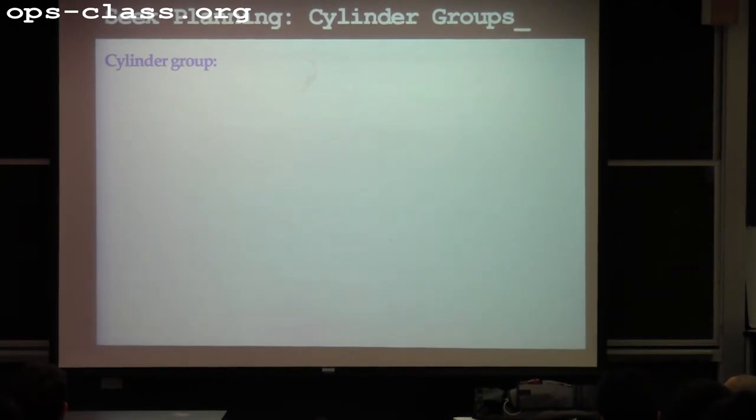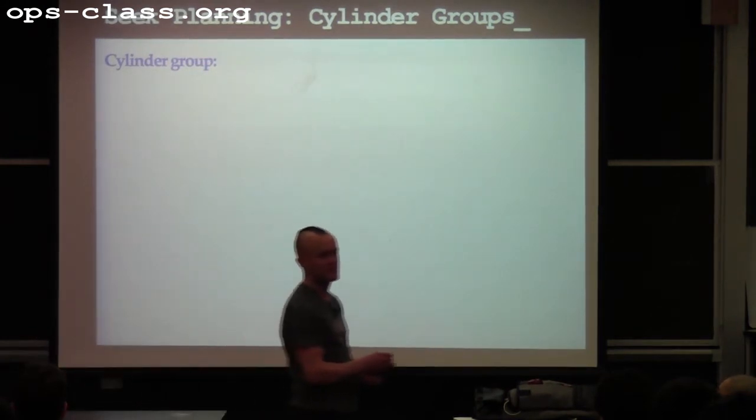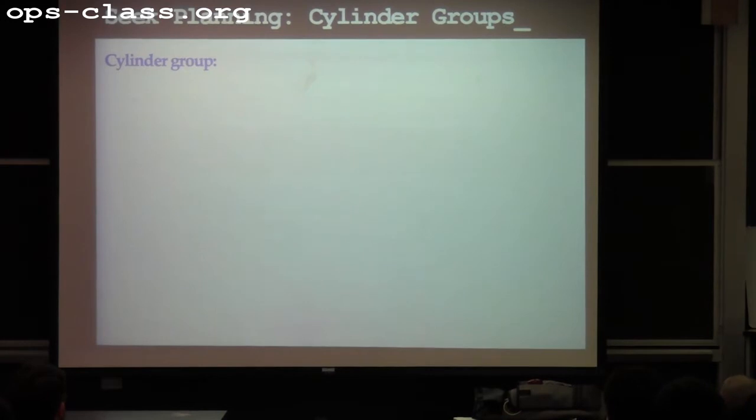What is a cylinder group on FFS? A cylinder group, yeah. All the data that can be read without moving the position of the head. Yeah, that's close. All the data that can be read without moving the heads very far. A cylinder is not one track, but it's a group of tracks that are close together, and then all the data that can be read from all the platters without leaving that group of tracks.